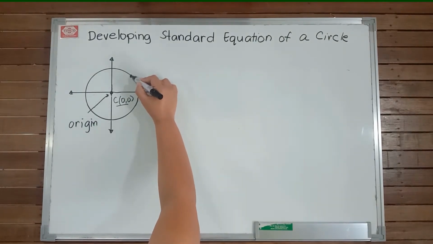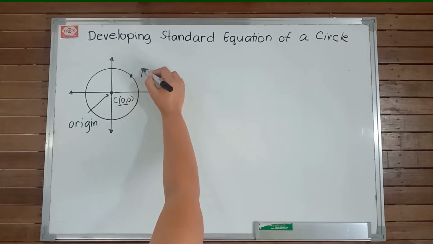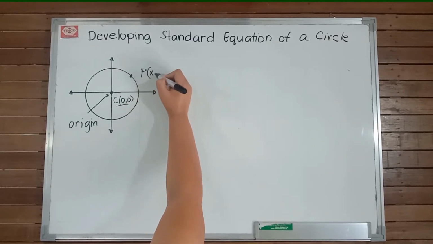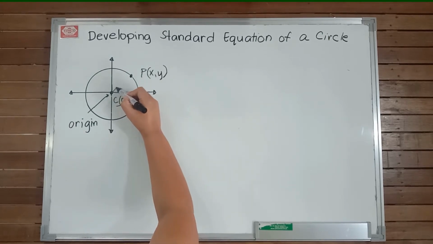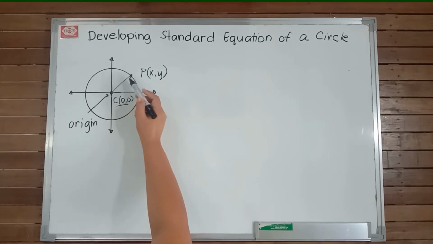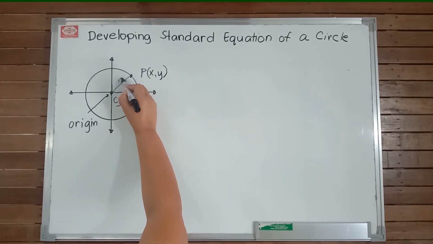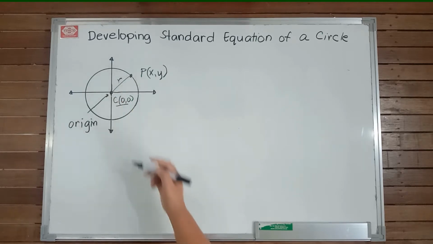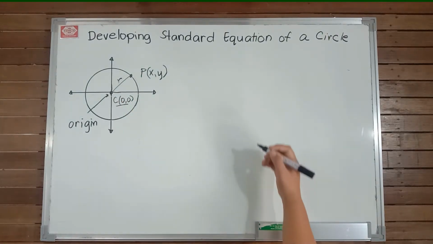Given a point P with the coordinates x, y, we draw a line from the origin, from the center, up to the point P. That line will be our radius. It is the distance from the center up to any point in the circle. It is called the radius.